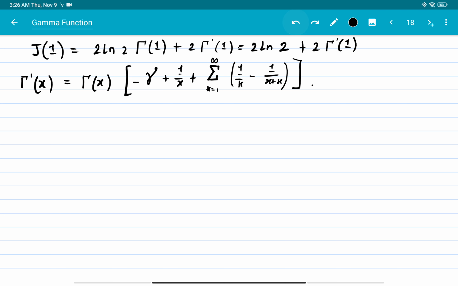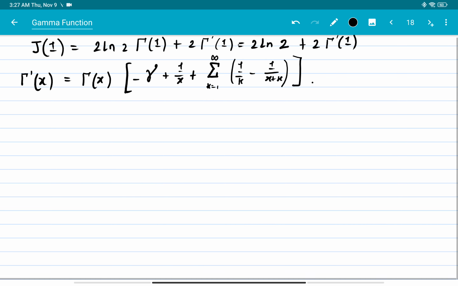Okay, so according to this problem, this gamma dash x will be given to you.